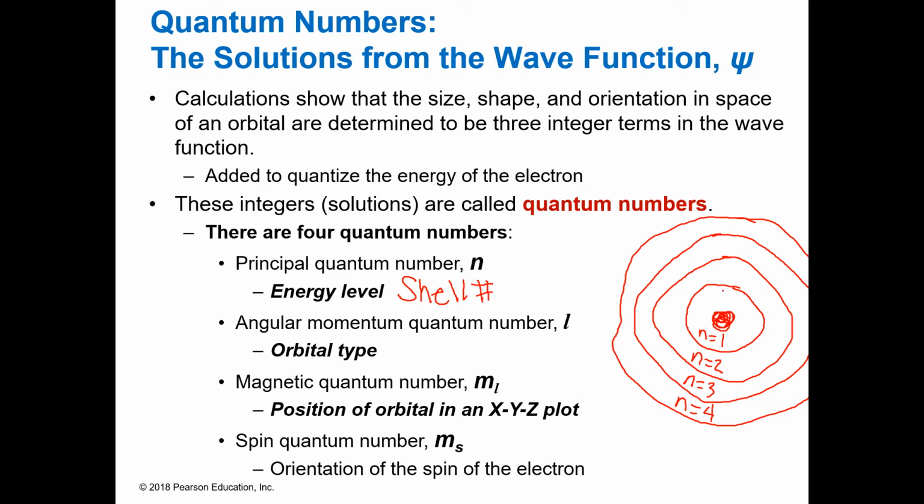Okay, now what does this mean before we move on? The shell numbers, the one closest to the nucleus is your shell number 1. And then as you get away from the nucleus in these given areas, you're going to increase in your shell number. As you increase in your shell number, you're going to increase in energy.